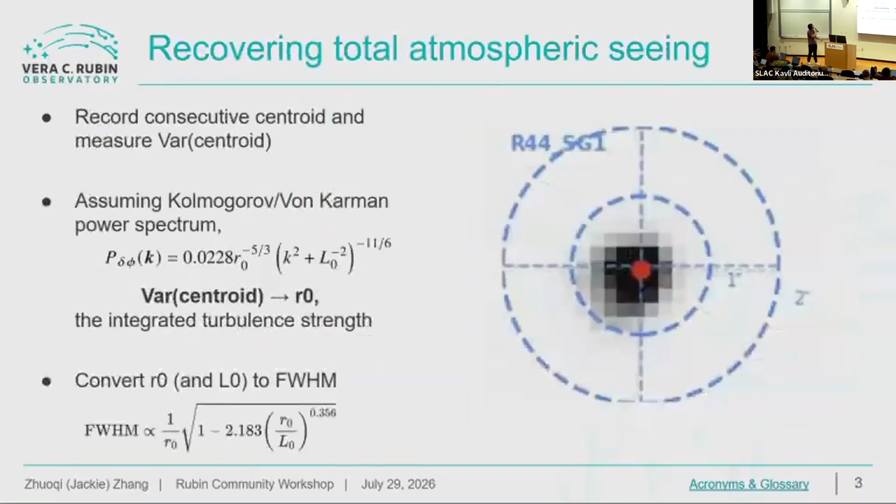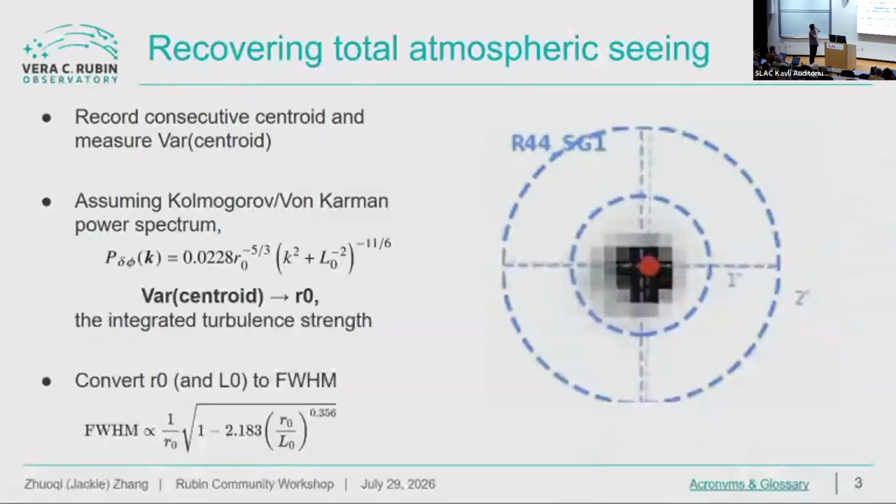To characterize the centroid motion, we simply take the variance of a star's centroid across all the frames in a given duration of a guider movie.